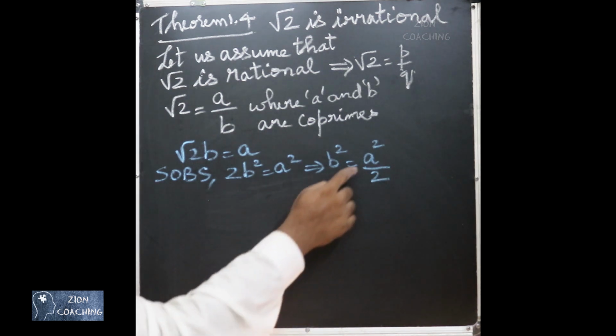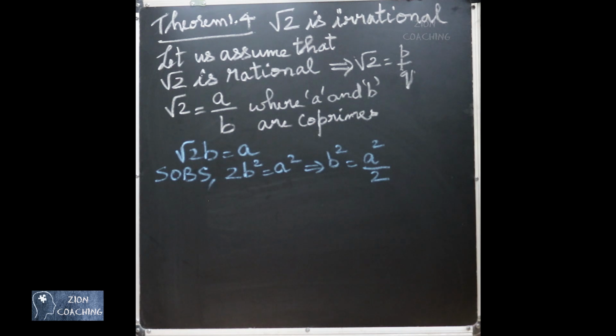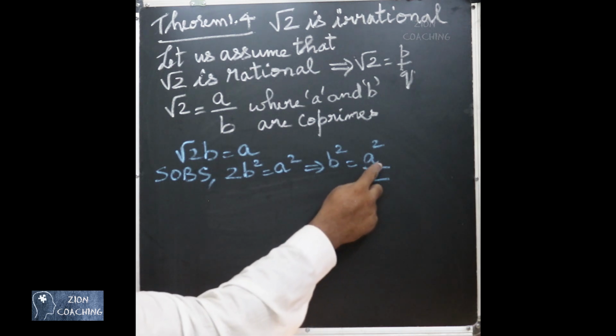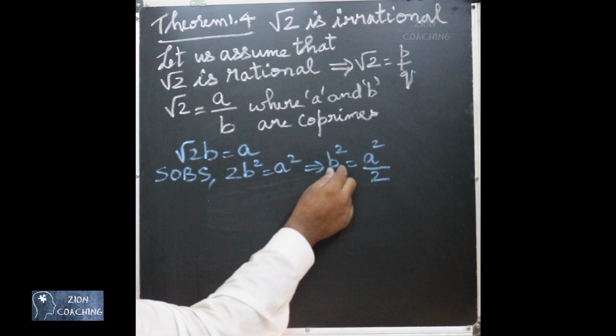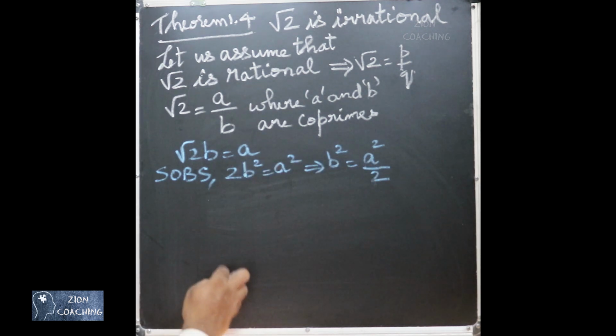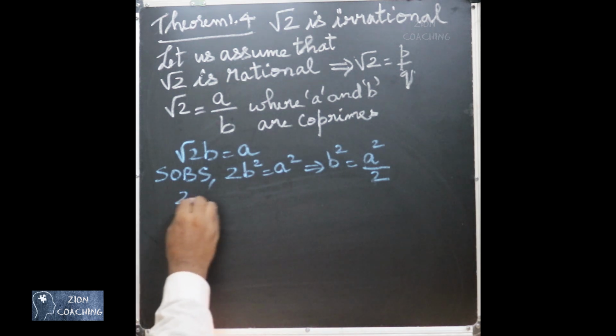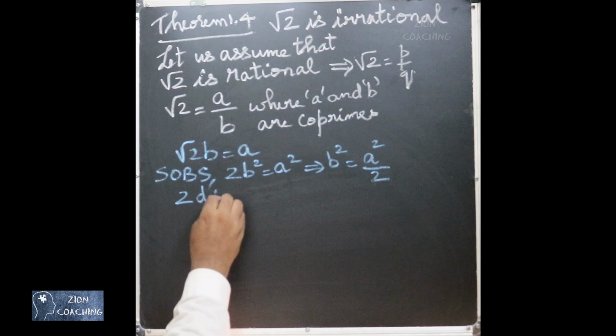Now we have shown that a squared divided by 2 is giving you a value b squared. That means 2 is dividing a squared. From this statement you can see that 2 divides a squared.